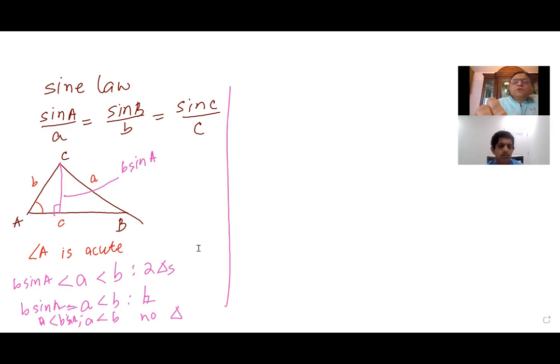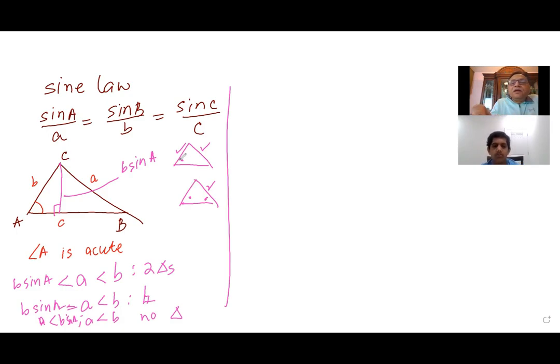Also, we learned that sine law can be applied if you have these conditions. That is, we know one combination of opposite side with the angle. Then you could know the other side, or if we have this combination, you could also find another angle. So in these two cases, we can apply the sine law.